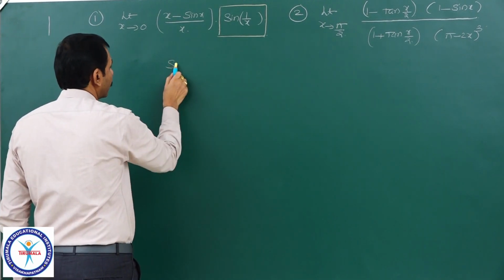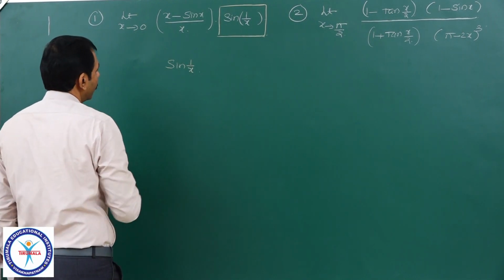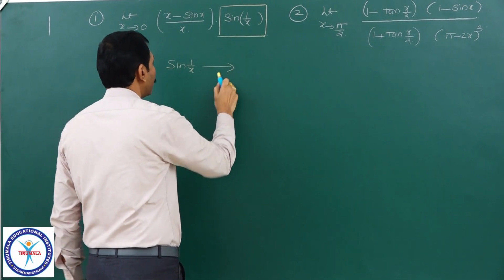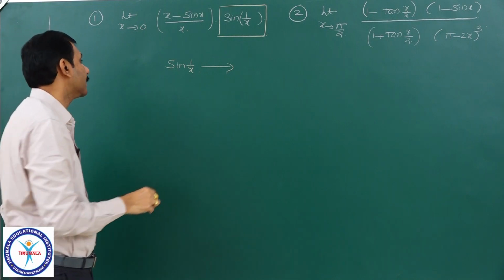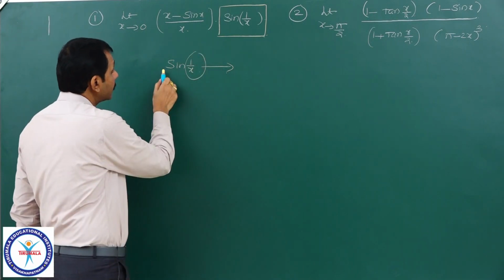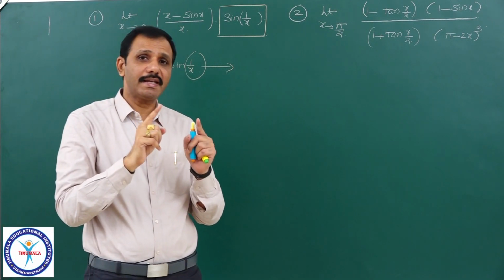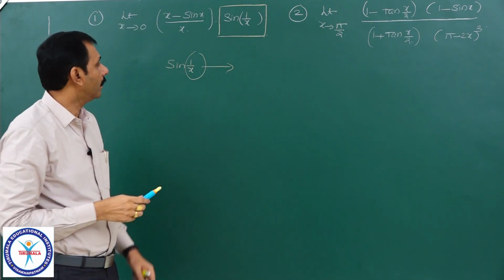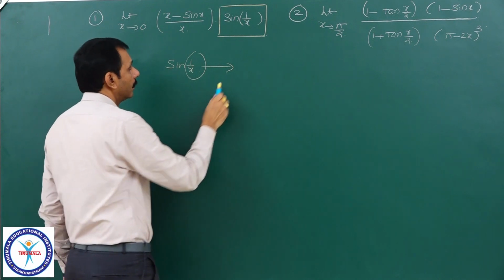First observe that sin of 1 by x is there. Whether x approaches 0 or x approaches infinity, whatever value you take for x, because sin is there, that always lies between minus 1 to 1 only.